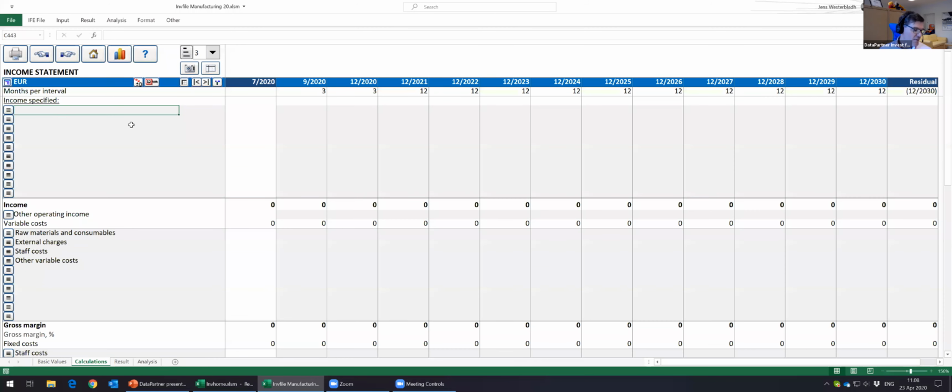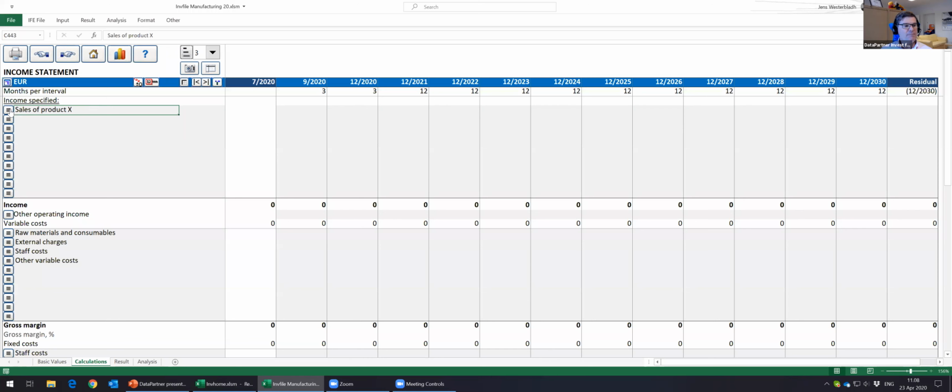So I begin to model the income, the sale of the increased capacity. Sales of product X. And it's quite simple.